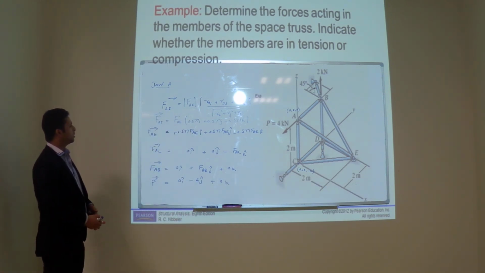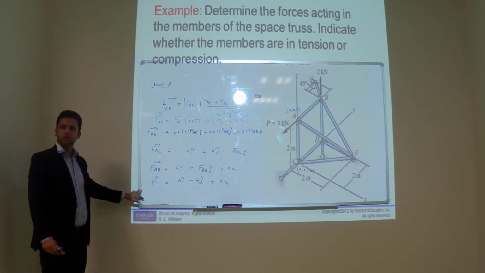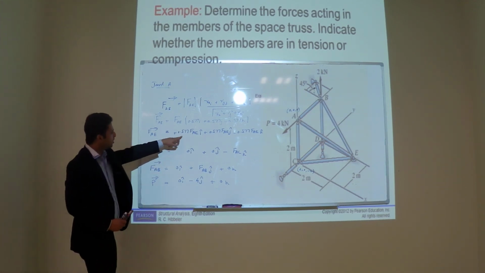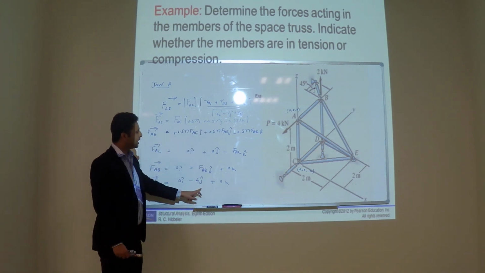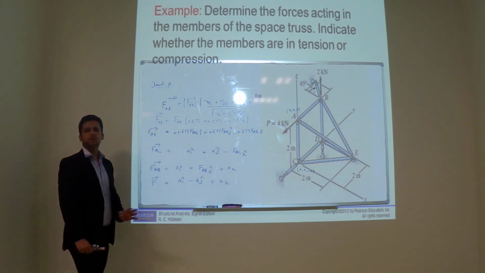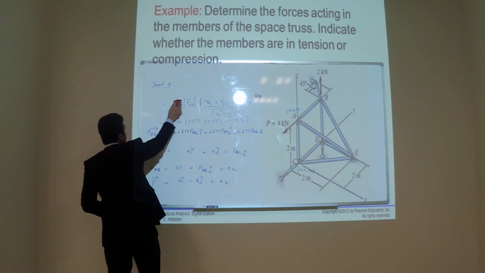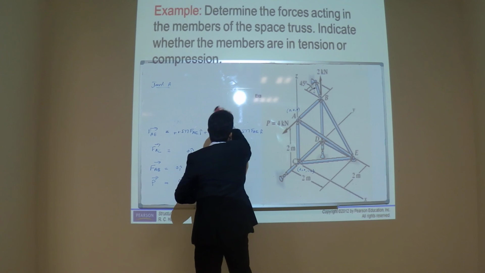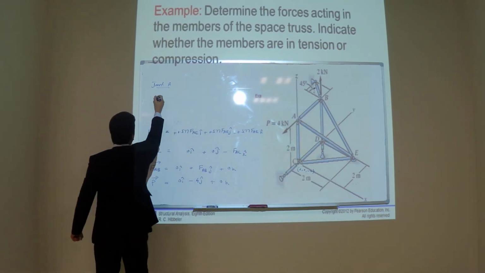Now, how many forces do you have? Any other force at this joint? No. Add all these and you will get sigma fx. Add all these and you will get sigma fy. Add all these and you will get sigma fz. Let's solve them. Now sigma fx: let's apply sigma fx equal to 0. That means all these forces add up to 0, so FAE is equal to 0.